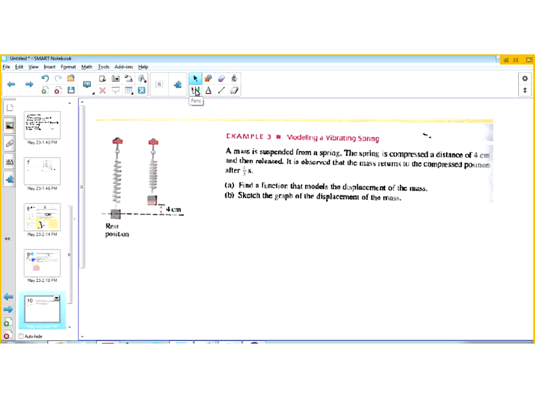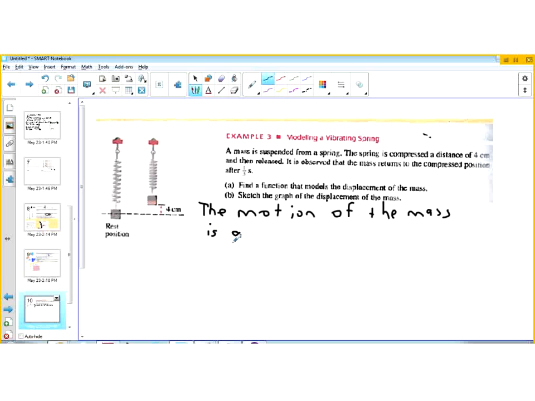All right, so whenever you have a spring, you're going to have harmonic motion. So the motion of the mass is given by a harmonic equation.